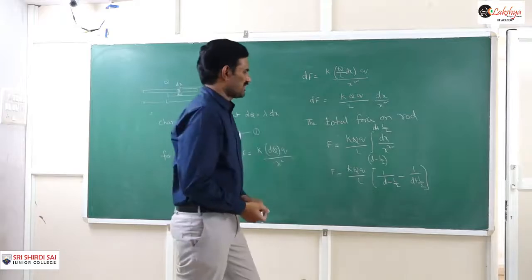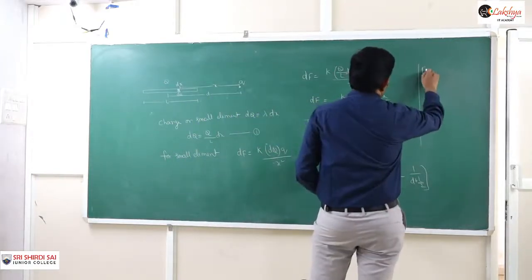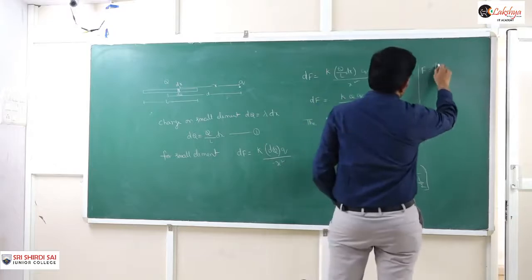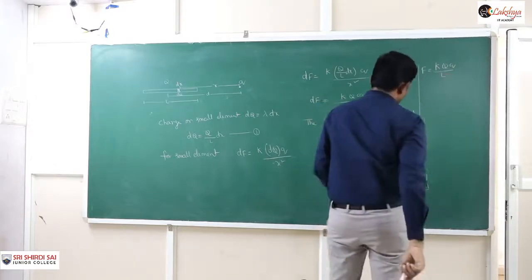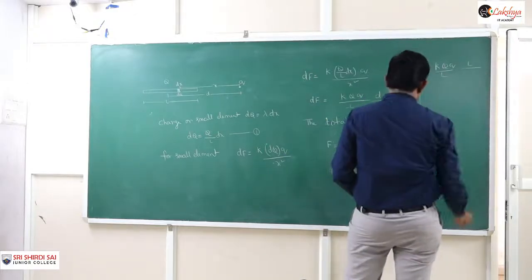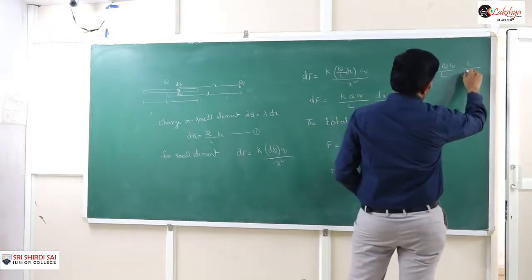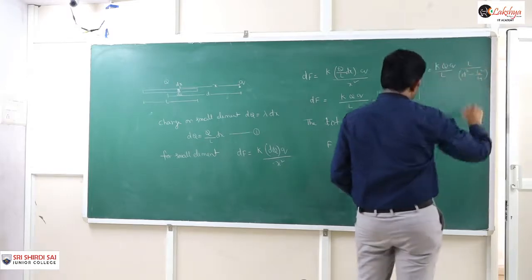Now we can take the LCM and simplify this. Like if I write this, the simplification: kq by L into, you can take the LCM now, you will get L by d square minus L square by 4, right?